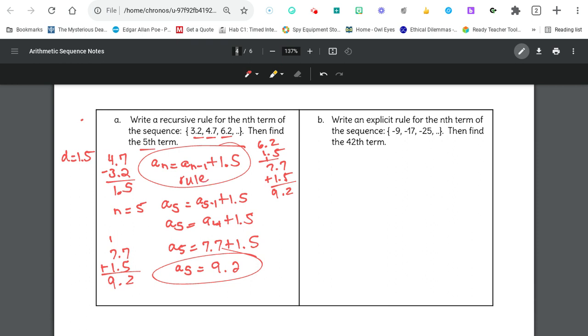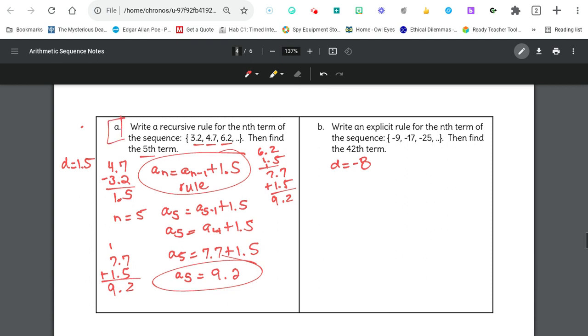All right, B says write an explicit rule for the nth term of the sequence. So I can see that here the common difference is -8. You're subtracting 8. It says find the 42nd term. Forget B right now. Go back to A. If you can just write the rule for me and find the fifth term by adding 1.5 and 1.5, you don't have to do this part.